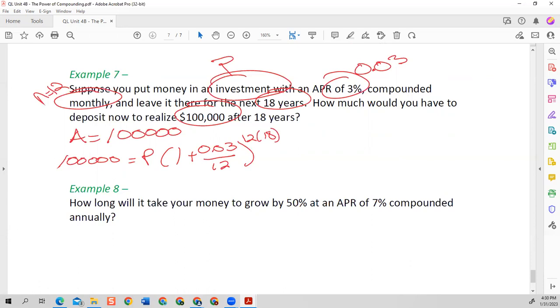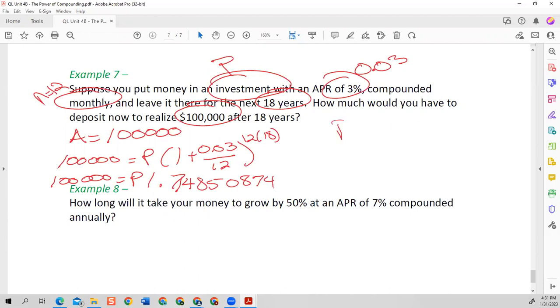All right, so let's solve for it. We're going to solve for P. Well, to do that, we need to clean all this up and then move it over. So what I would do is go ahead and get this parentheses taken care of. So I come up with 1.714850874.